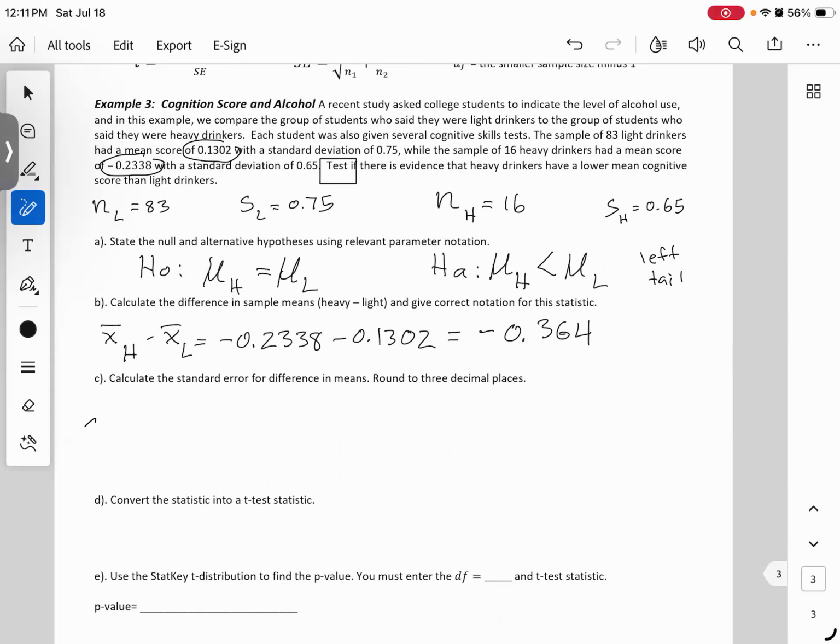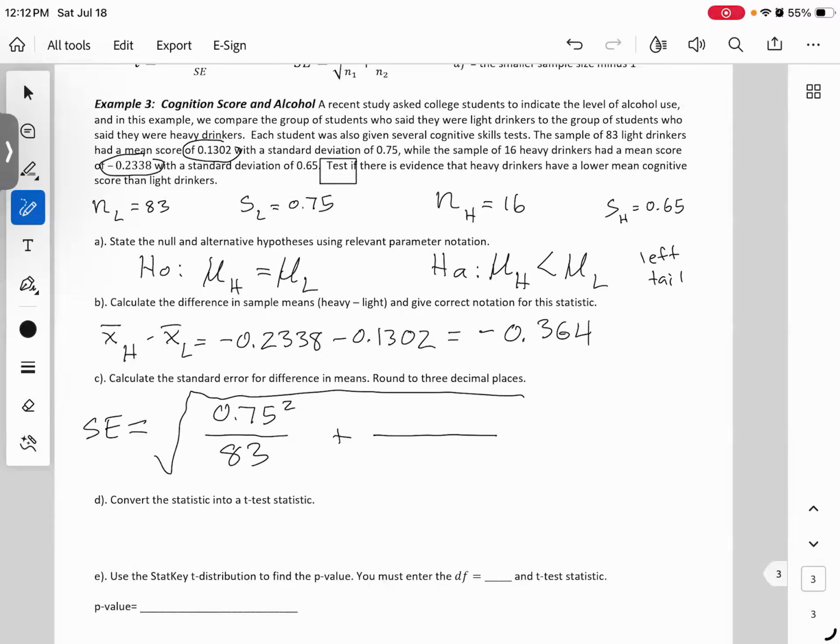This way, when we come down here to do the standard error, we've got all that information already pulled out from all those sentences. And we know that it's 0.75 squared over the sample size of 83.